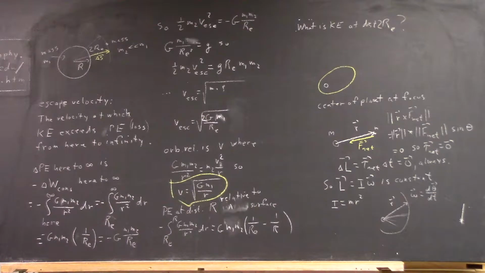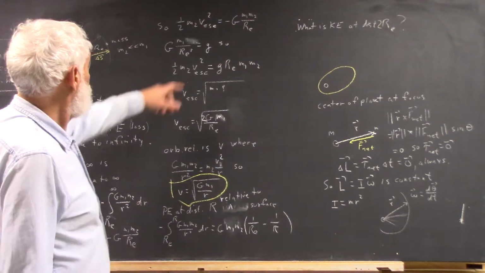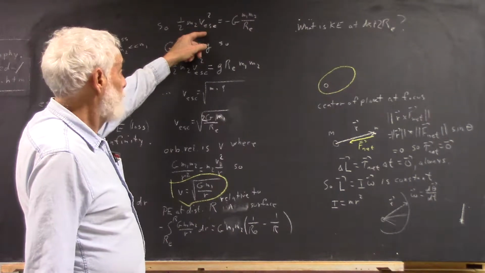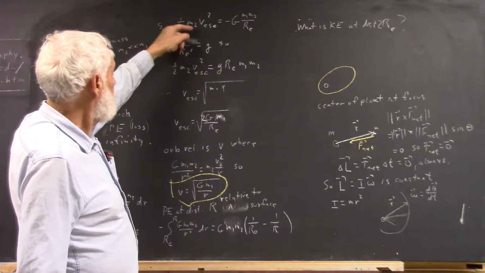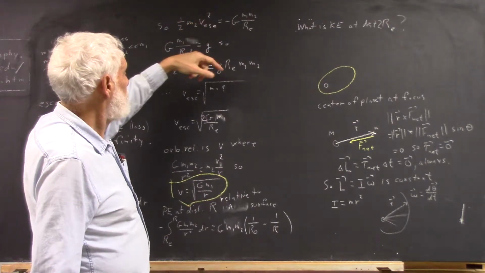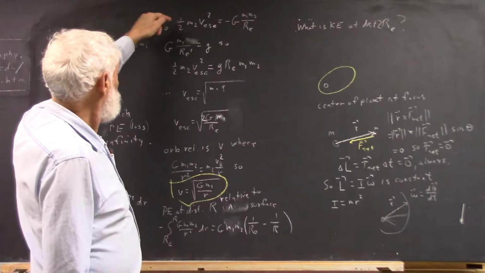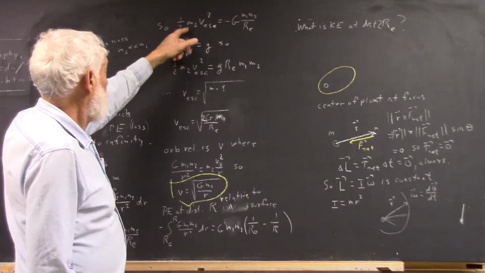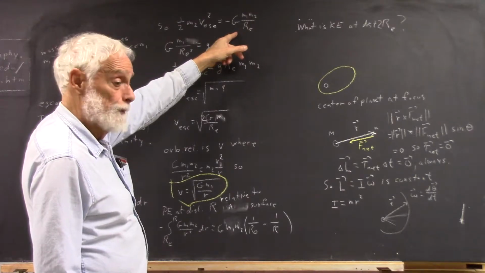So we set that equal to our kinetic energy, and let V escape, V-E-S-C, be our escape velocity. Then one half of our mass times the squared escape velocity is going to have to equal this.